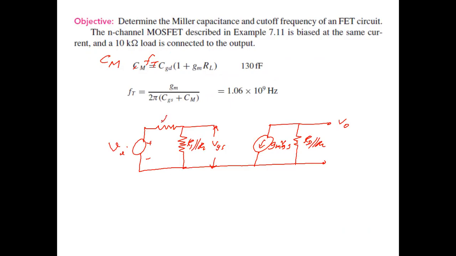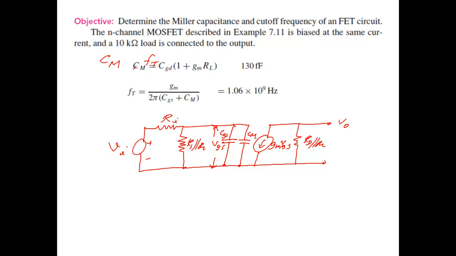This is the mid band, but for high frequency, what do you do for your high frequency model? You basically have capacitance. This is CGS, and you have a Miller capacitance in parallel, CM. So you have CGS and CM.